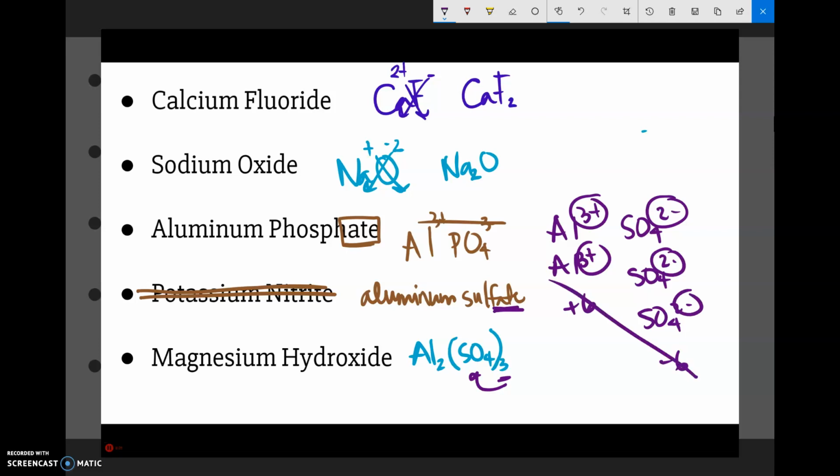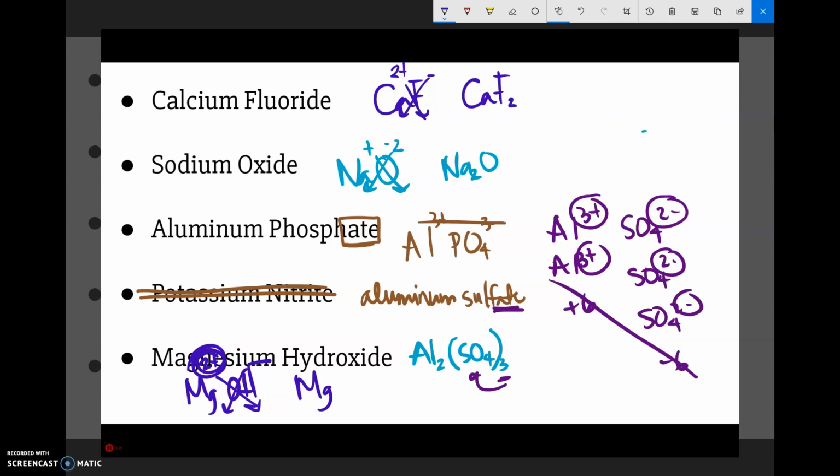Okay, let's do this last one on the page. Magnesium hydroxide, magnesium is a +2, hydroxide is a -1. Again, these don't cancel, so we're going to swap and drop. We have the same thing happening as we did up above.